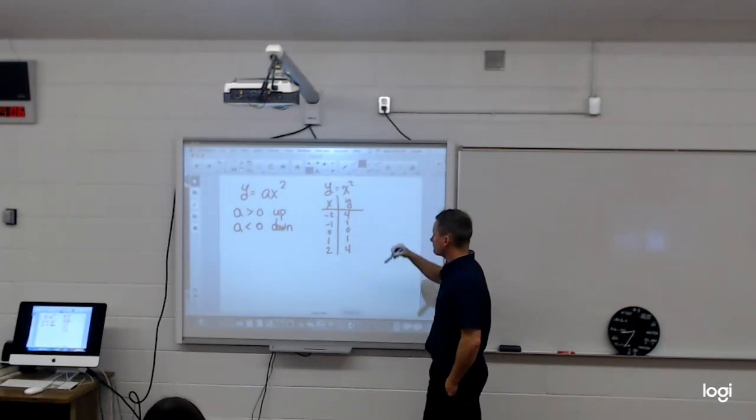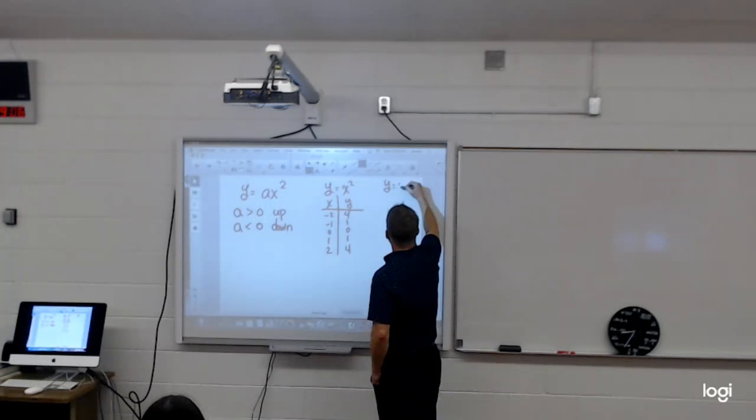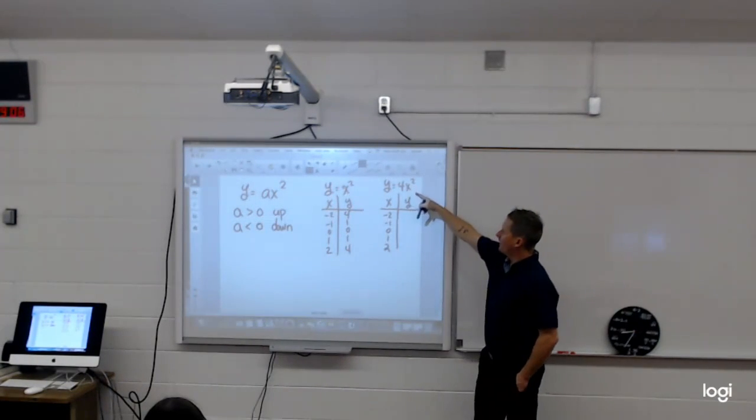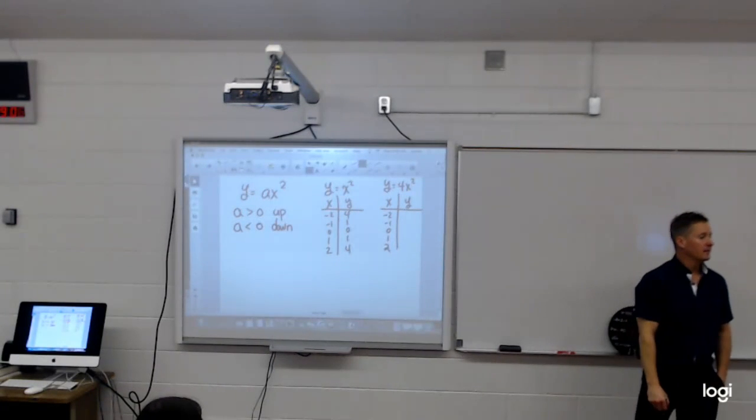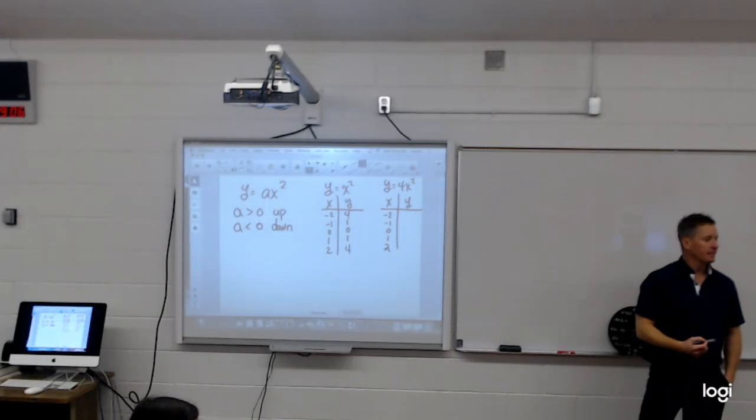Agreed? Now if I look at 4x squared, and I use the same x coordinates, what happens to my y? It increases. It increases by a factor of what? 4.